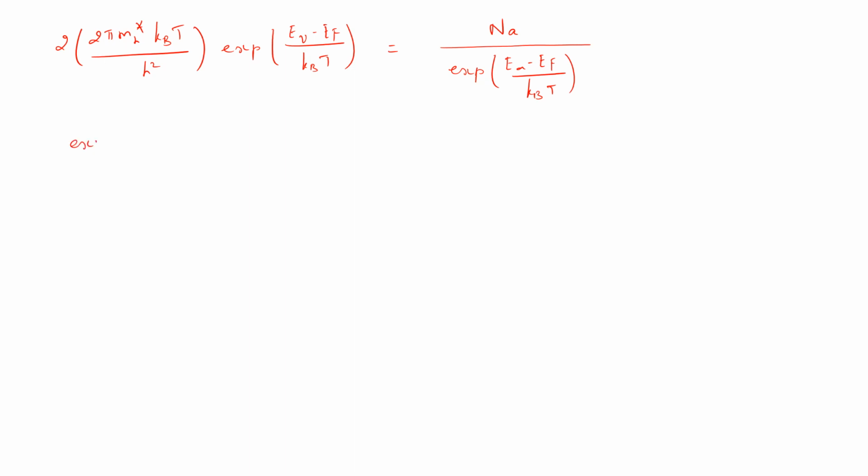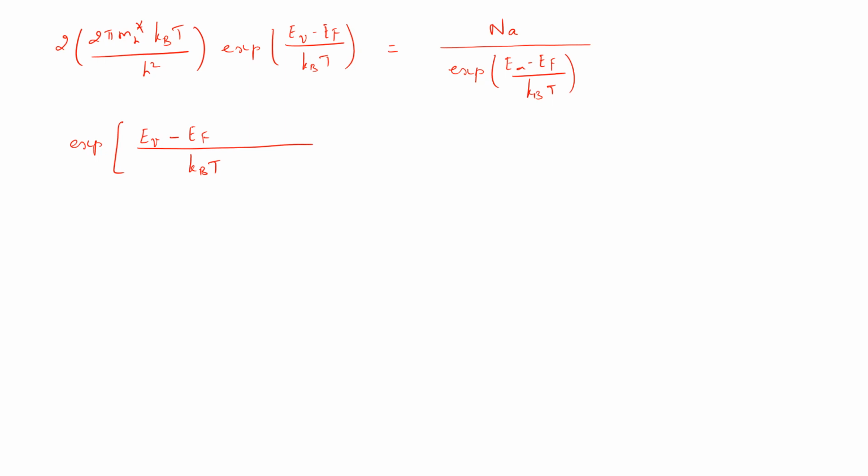So exponential, I will take commonly the denominator to be KBT, EV minus EF. Then what will happen to this denominator? It will come to the numerator and will get added along with the numerator. Correct?